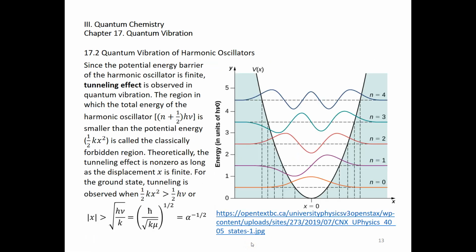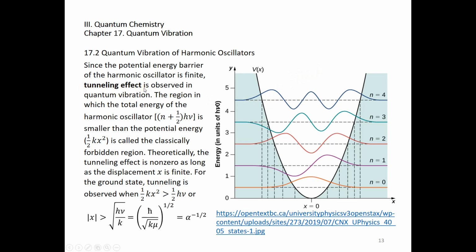Now we're going to talk about the tunneling effect, because you can see there is indeed an energy barrier. The potential energy is half kx squared. So if the total energy is smaller, then the potential energy supposedly will give a negative kinetic energy, and that's classically forbidden. However, we observe the quantum tunneling effect as well.